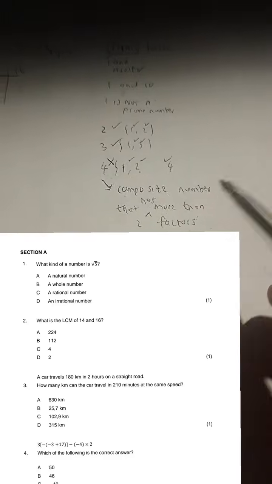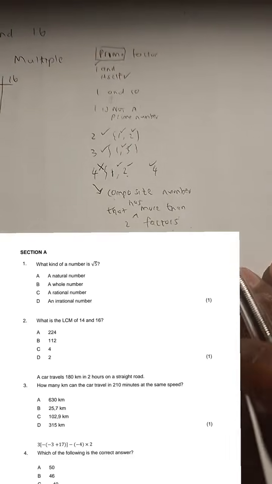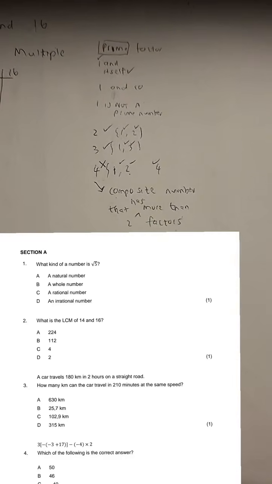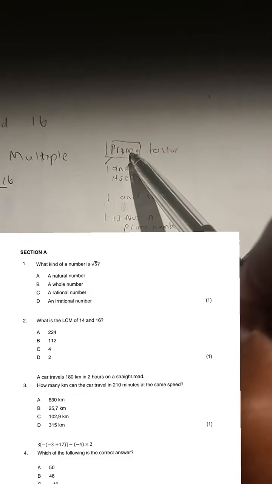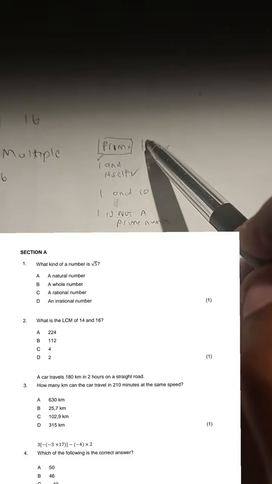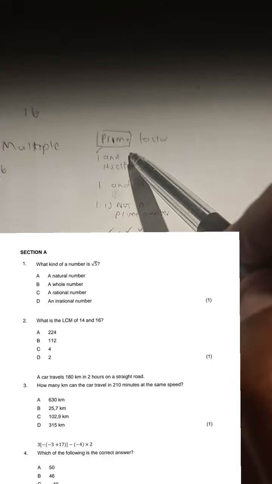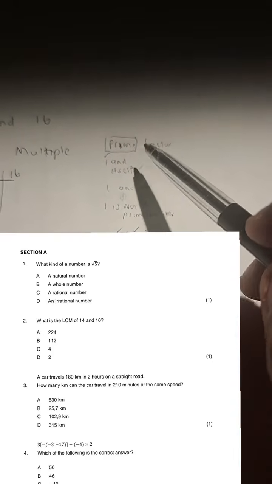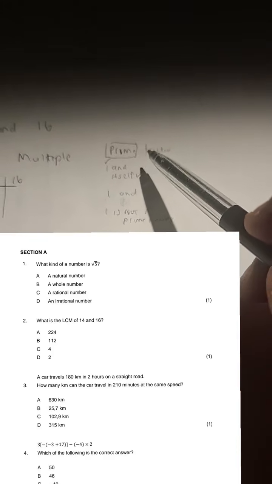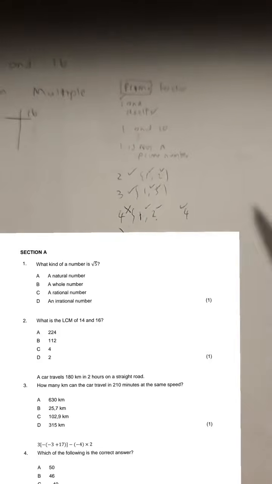So you see, just from this summary, I am learning things that I have forgotten. A prime number is a number that has 2 factors. So what is a prime factor? A prime factor is simply a number that will have these conditions: a number that will have either 1 or itself as a factor.